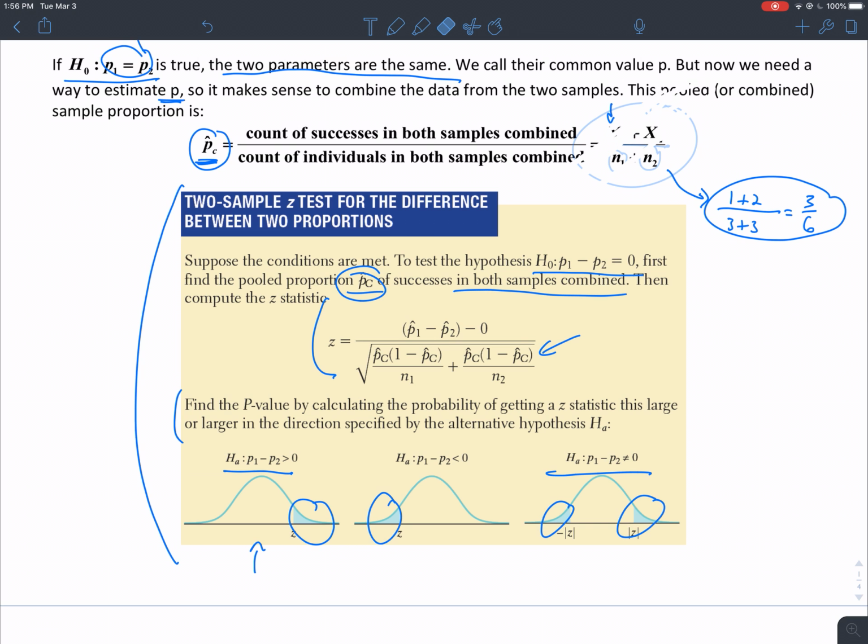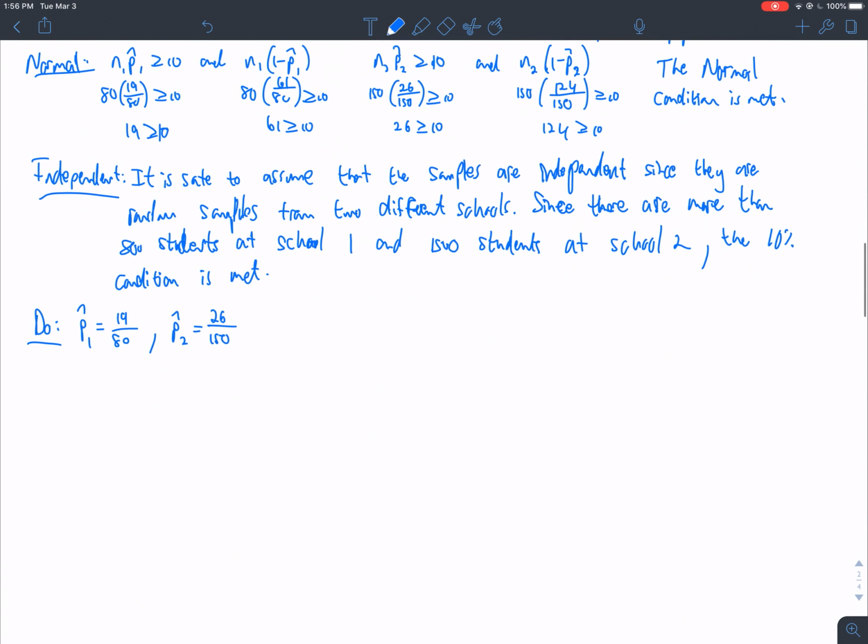So the way you do that is to say p hat sub C, the pooled or combined sample proportion, is 19 plus 26 over 80 plus 150. And that gives me 45 out of 230, which is about 0.1957, something like that.